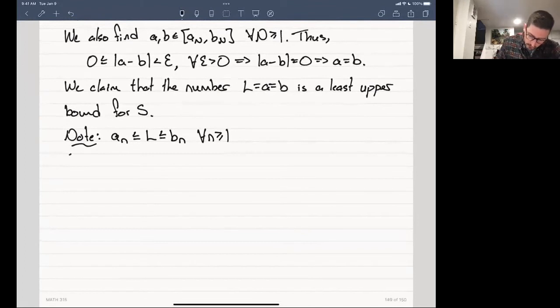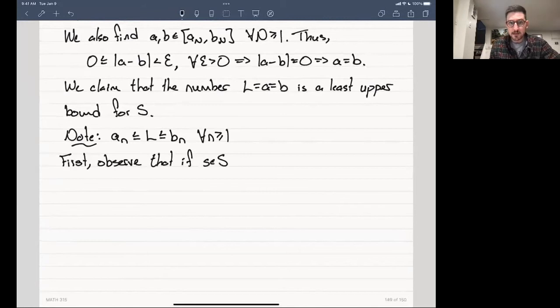Okay, so first, we can observe that if S is an element of S, then S is less than or equal to L. Why?